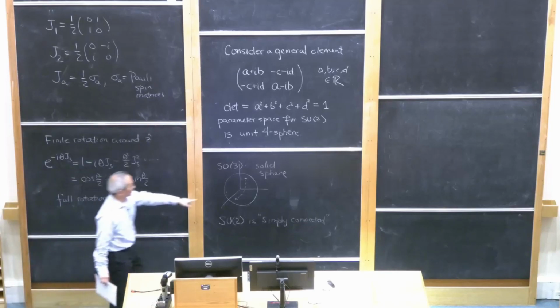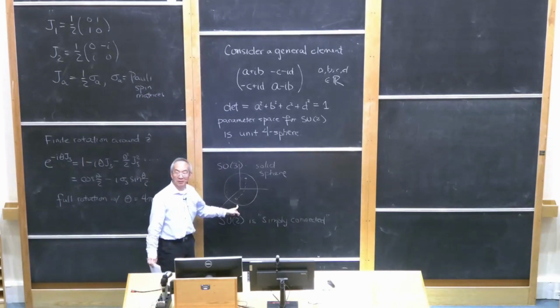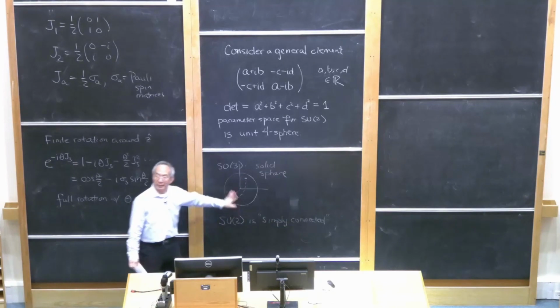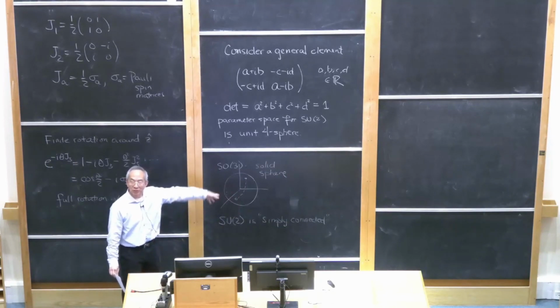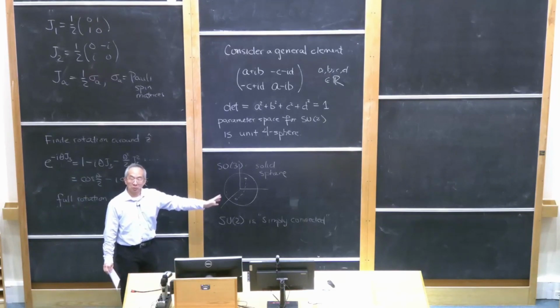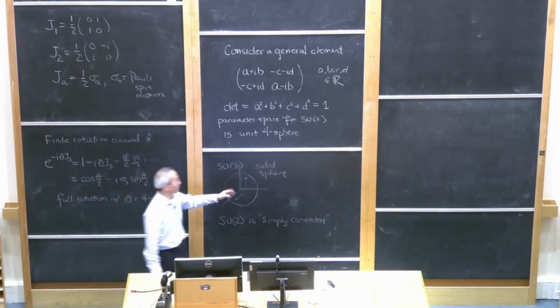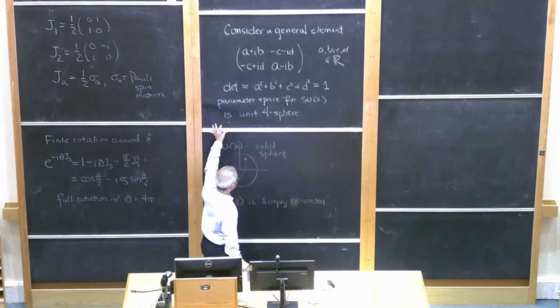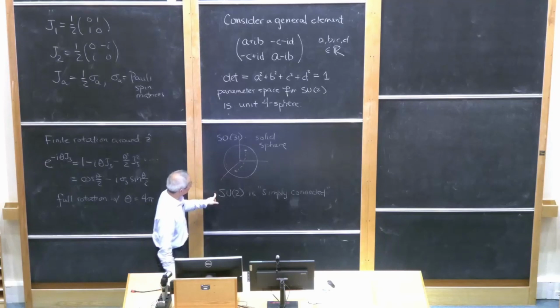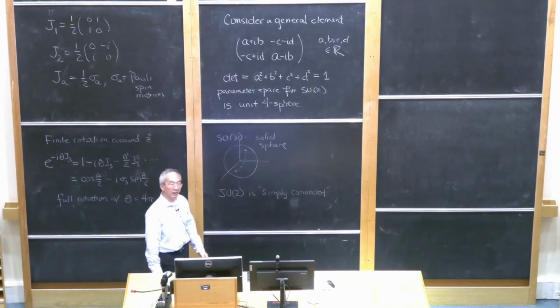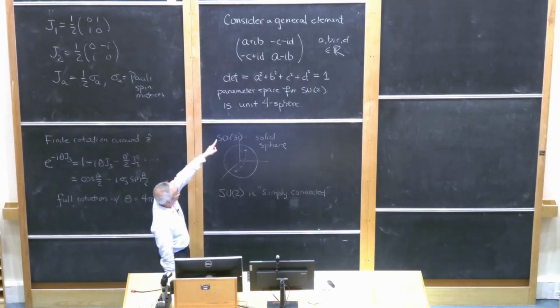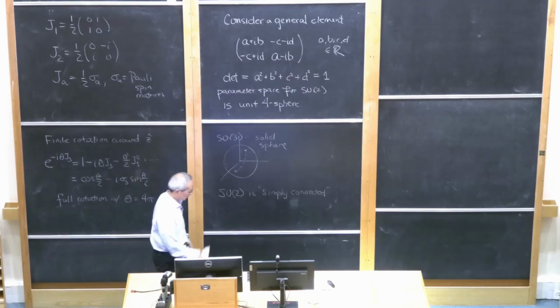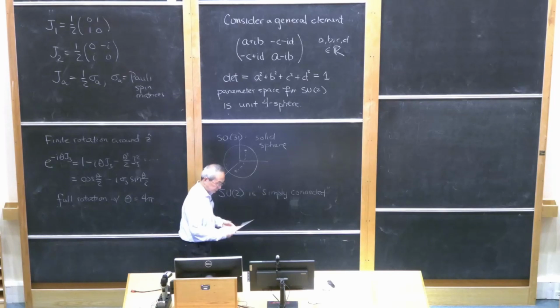That's actually what gets rid of this double connection. Okay? That gets really into topology, and this course is not a course in group theory, and it's even less a course in topology. So we're not going to go into the details of that, but you can take it that SU2 is just a better behaved group because things that look close to each other actually are close to each other. Okay?